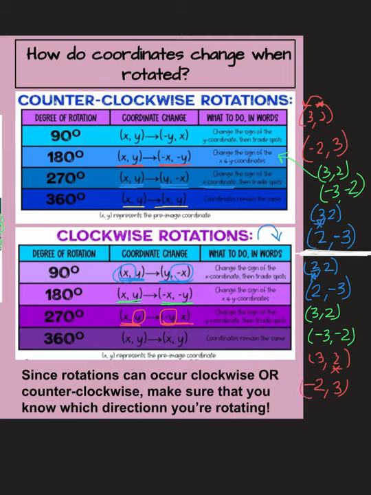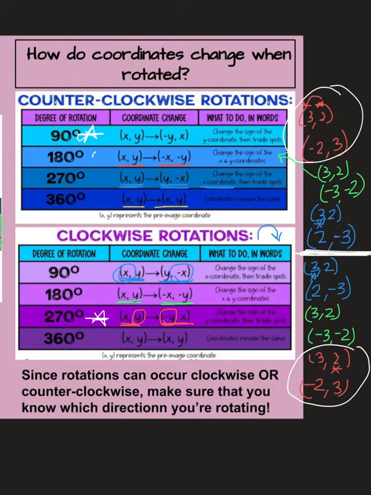Now, if you noticed, comparing the rotations at the top and the rotations at the bottom, I color coded. These give me the same new image coordinates. So a counterclockwise 90 is the same thing as a clockwise 270.